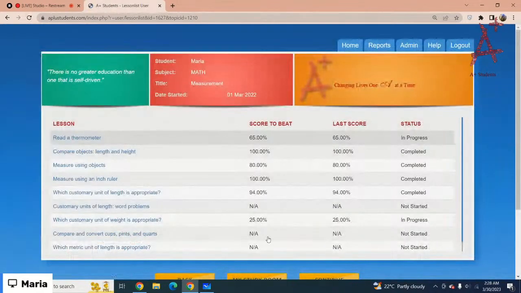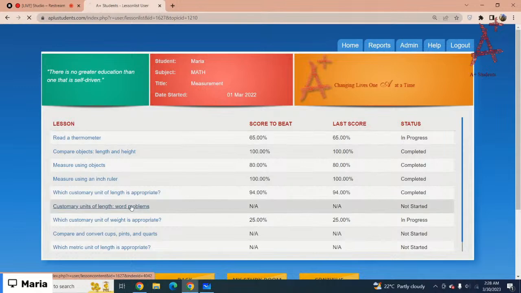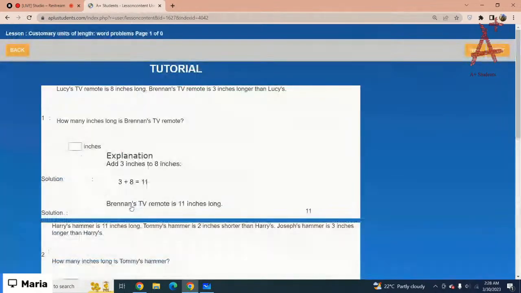Okay, the next one is customary units of length word problems. Lucy's TV remote is 8 inches long. Brennan's TV remote is 3 inches longer than Lucy's. Got it?